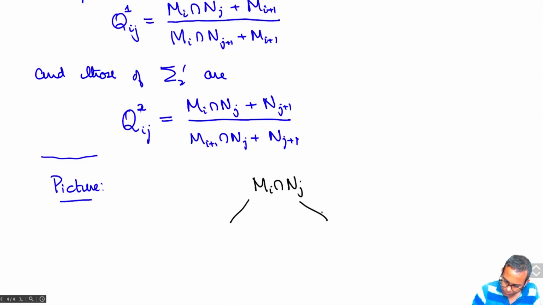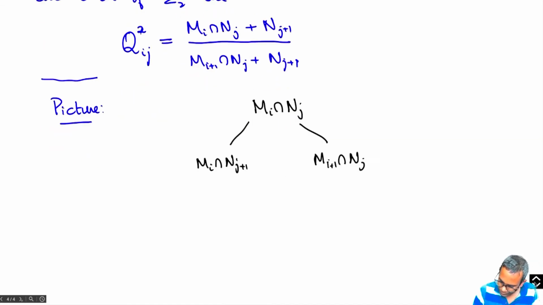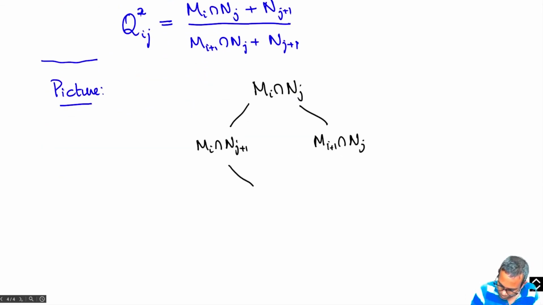This contains two submodules, mi intersect nj plus 1 and mi plus 1 intersect nj. And then we have here the smallest module which is contained in all these, which is mi plus 1 intersect nj plus 1.